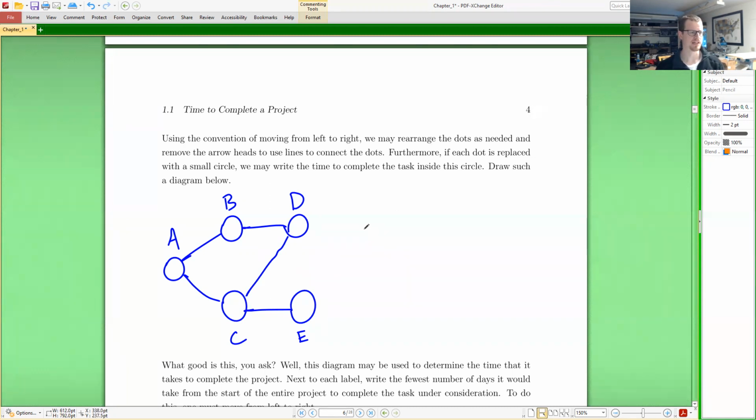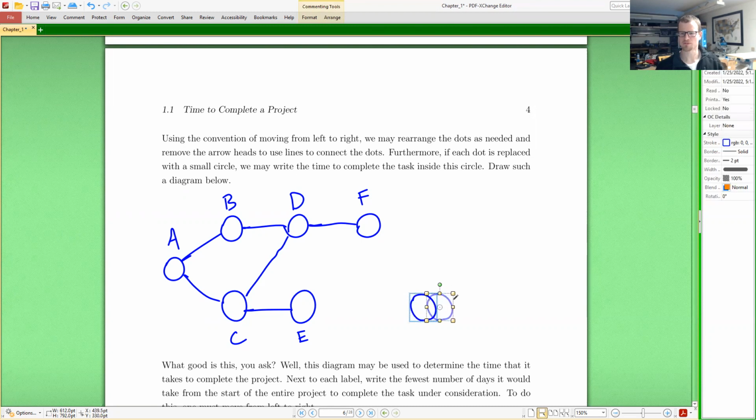Continuing on with our tasks here, we had task F, which was preceded by D, and then we had task G. Actually, let me move this guy over just a little bit.